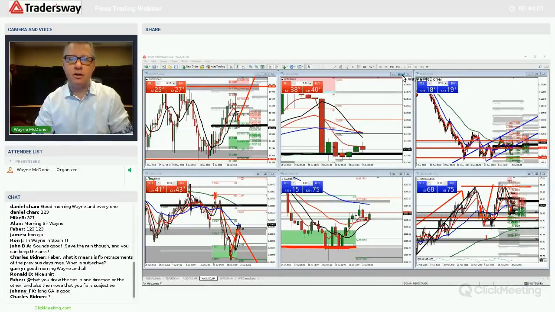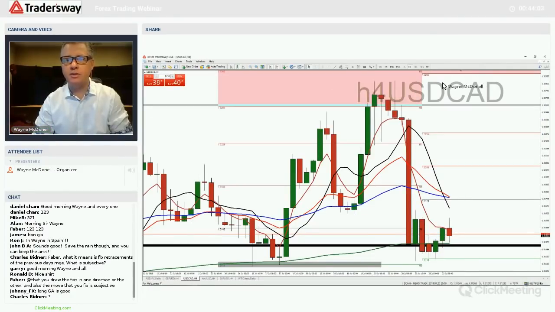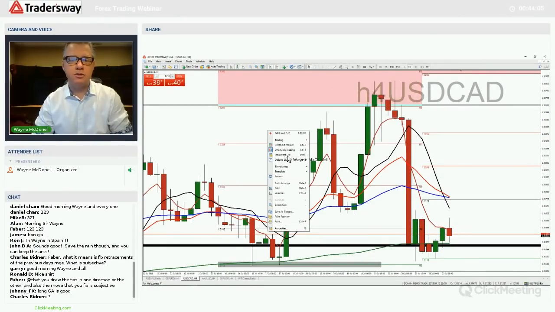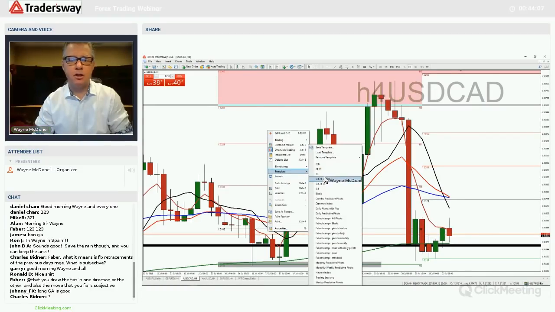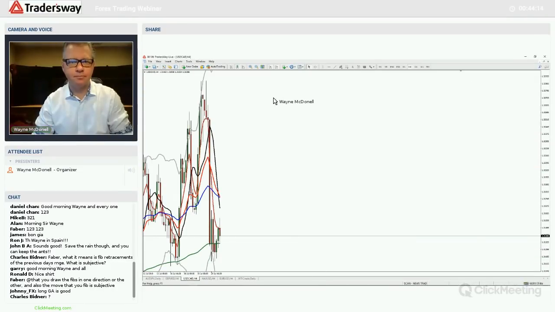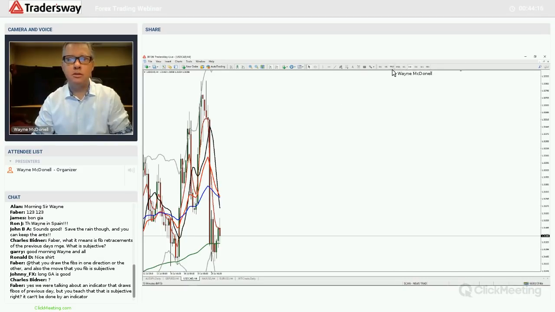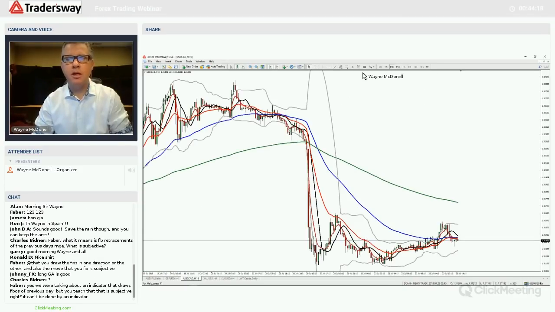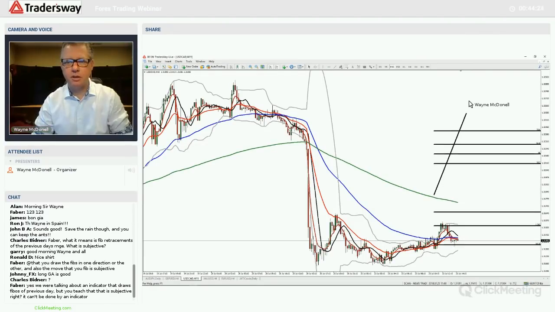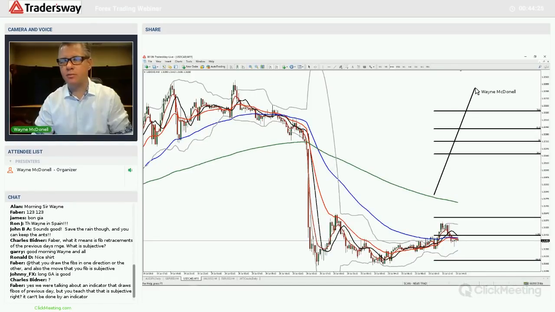The whole self-taught thing on the fibs, I don't know if you guys noticed this. Typically, someone, I believe, draws their fib this way.